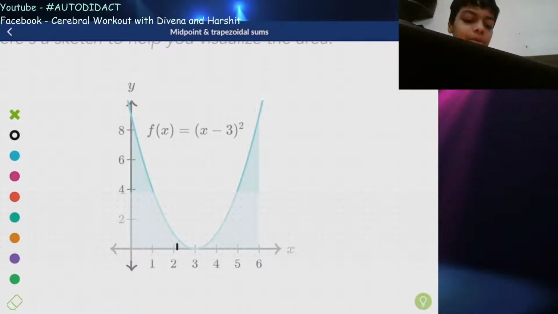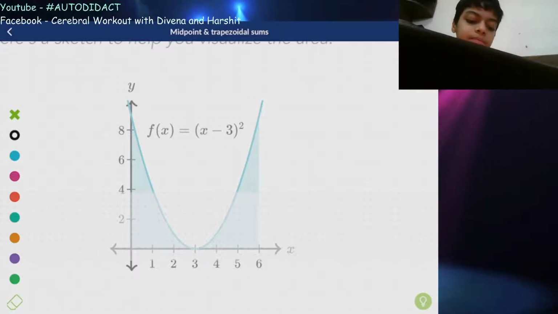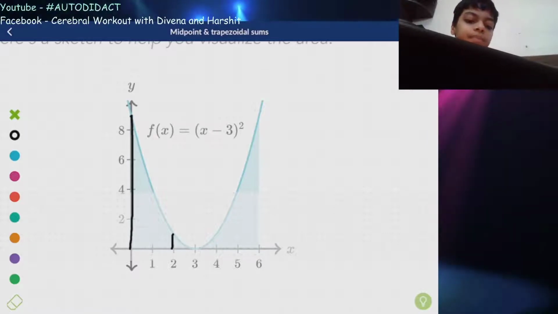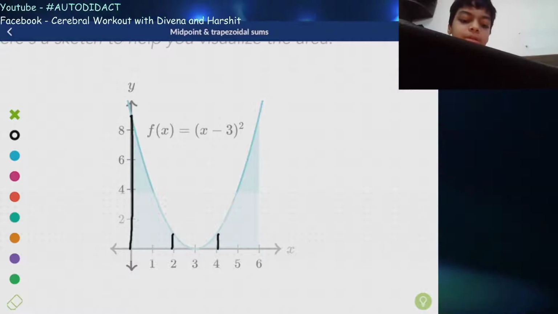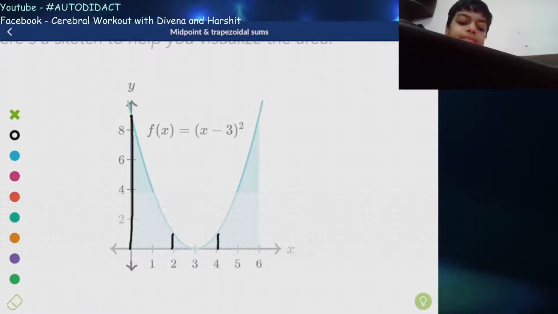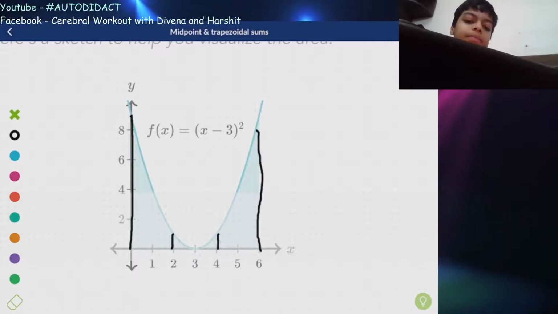So this is the right boundary of the first trapezoid. Okay, let's just make it a bit better. And this is the left boundary of the first trapezoid. And this is the right boundary of the second trapezoid, and this is the right boundary of the third trapezoid.